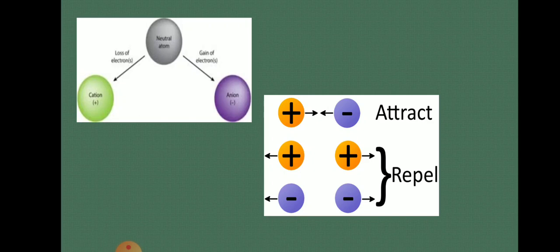Now why does attraction take place? Because there is a charge present on it. Now here in the diagram you can see that when particles of different charges are brought together, they attract each other, like plus and minus, or positive and negative particles.